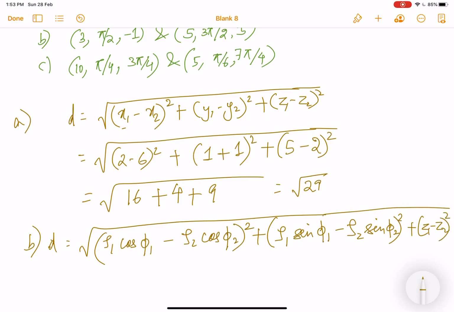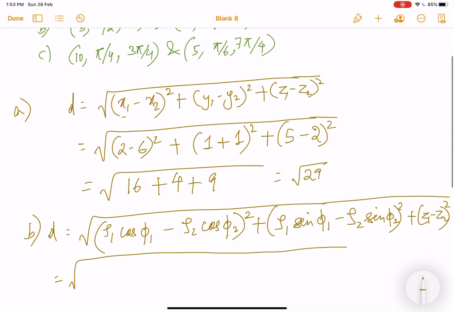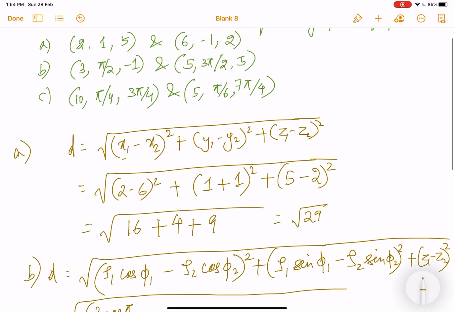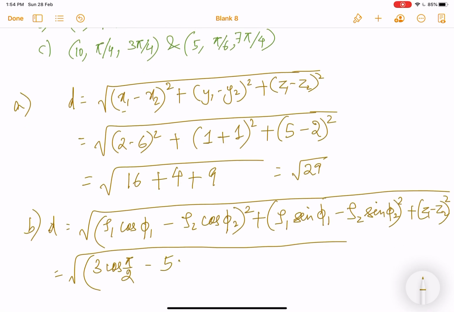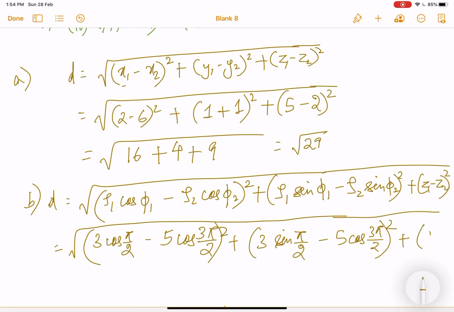Okay, so let me just now substitute the values. First rho 1 is 3, then 3 cos pi by 2 minus 5 cos 3 pi by 2, plus 3 sine pi by 2 minus 5 sine 3 pi by 2 whole square, plus z is as it is.